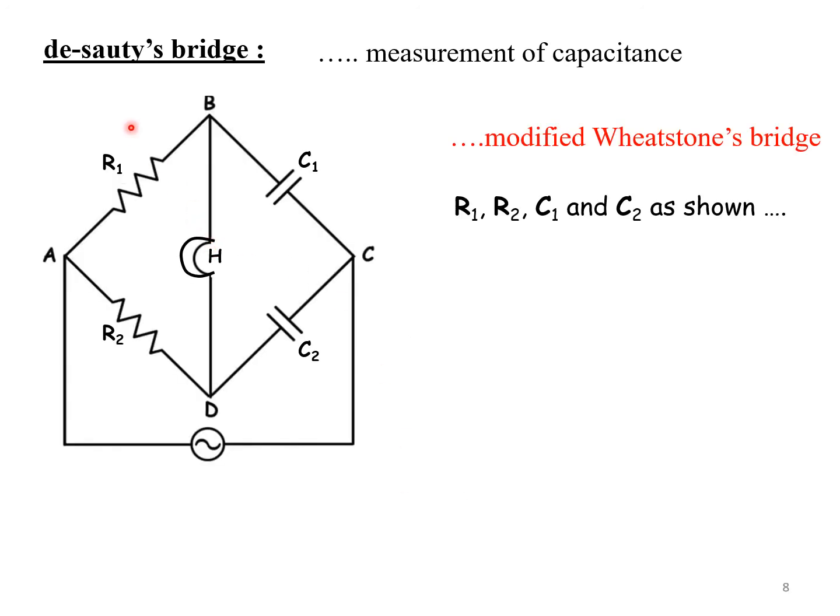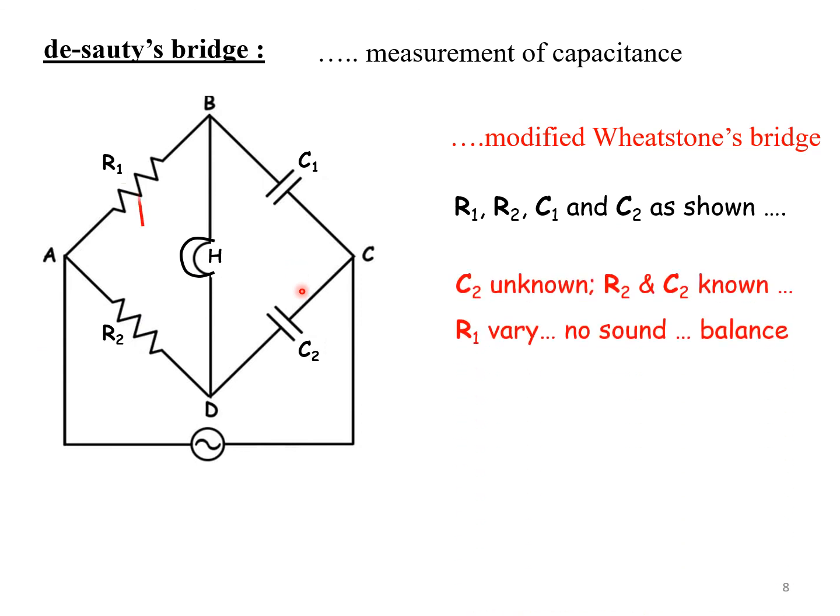Now this is again a method for measurement of the capacitance. This is again a modified form of the Wheatstone's bridge. Here we have two resistors on one side and two capacitors on the other side. Because we are going to connect an AC source, here we are having the headphone. Now let us say R1, R2, C1, C2 are connected as shown in the figure.